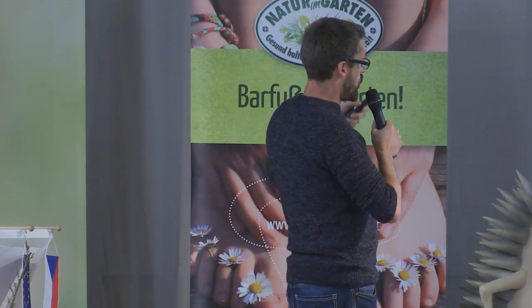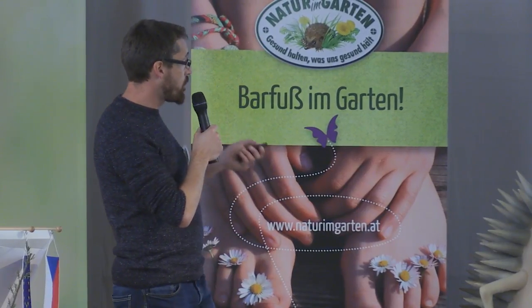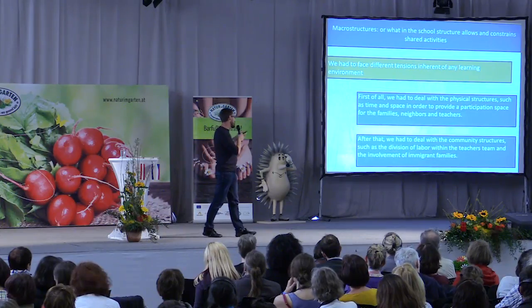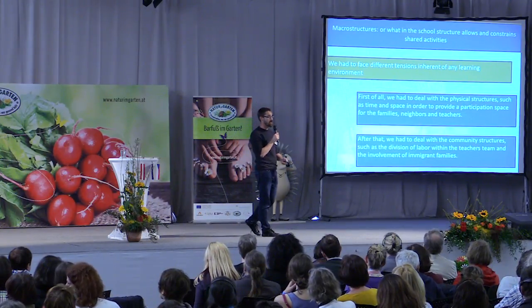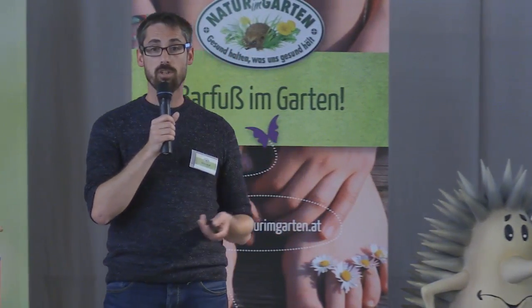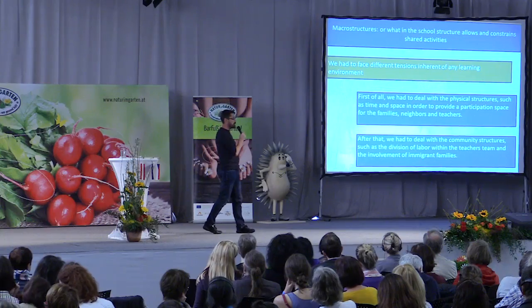And once all these physical problems were solved, the second generation of problems appeared, more related with the community, such as the division of labor within the teachers' team and the involvement of immigrant families.